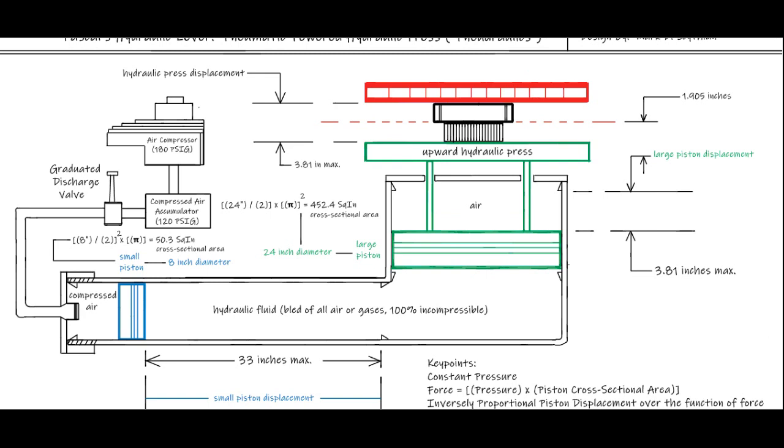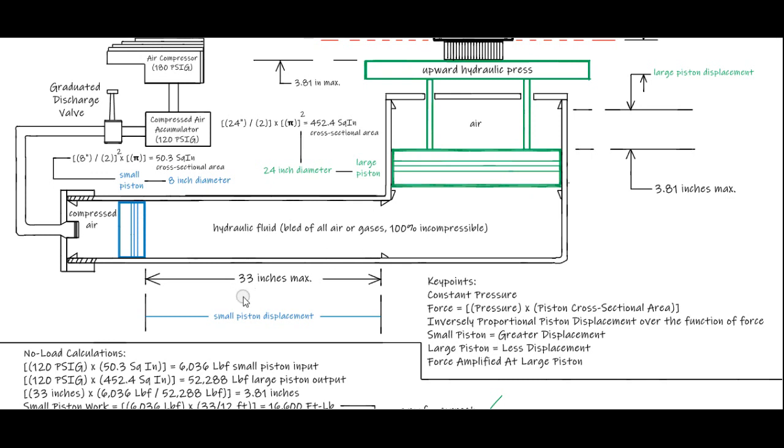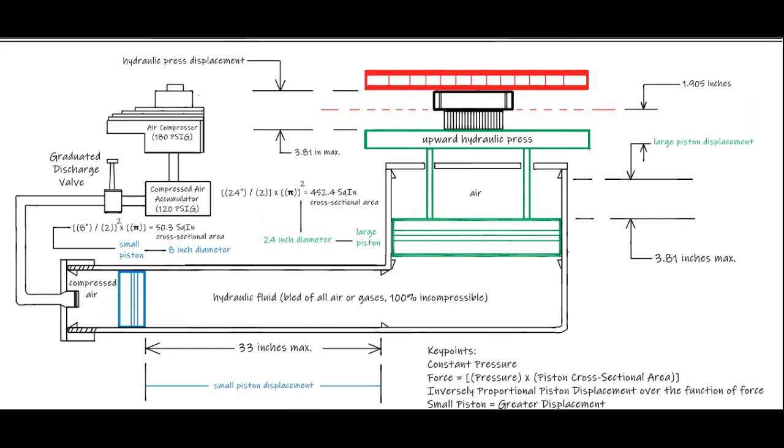However, the compensation is the displacement. Notice that at 33 inches of small piston displacement, the force will amplify from 6,036 pounds force to 52,288 pounds force at the expense of displacement of the piston.